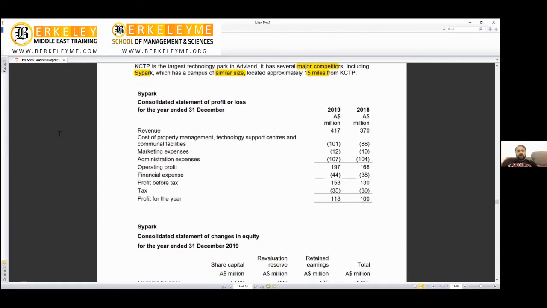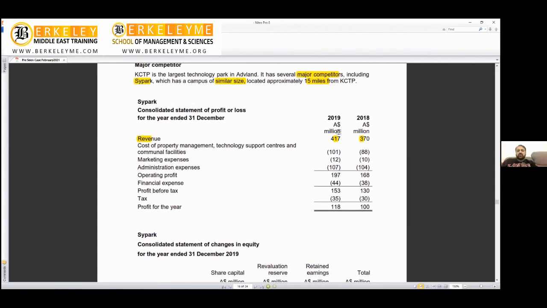Now, in terms of revenue, their revenue was 370, so they grew. So we can calculate a ratio like a percentage change. I told you a common size statement is always very good. You make 100% sale and then expenses. So you can see sale has increased, say 20%, 10%, 7%, 8%.